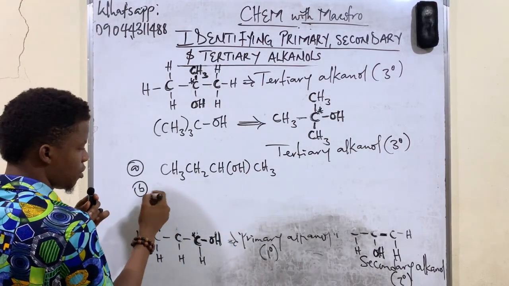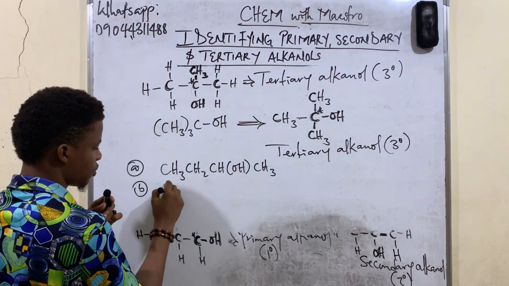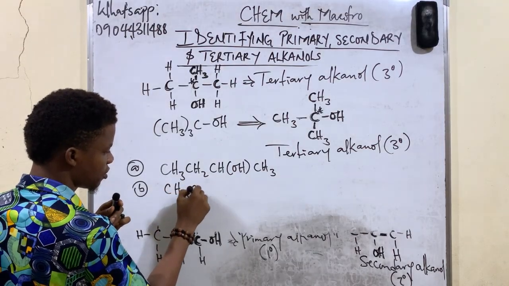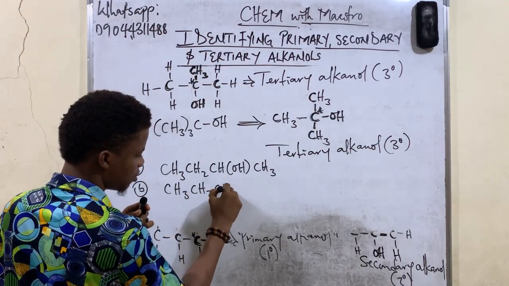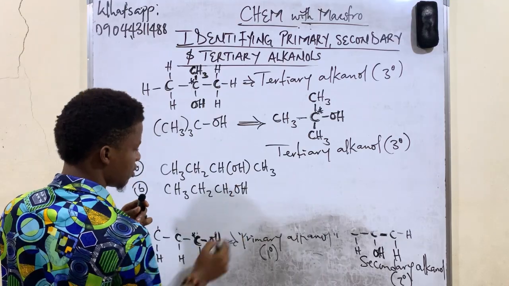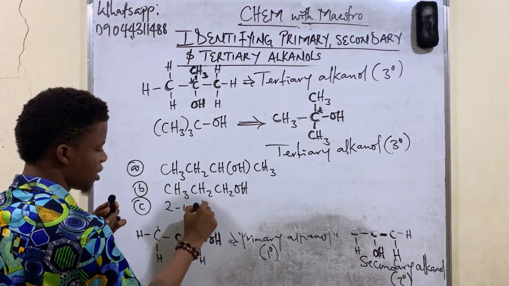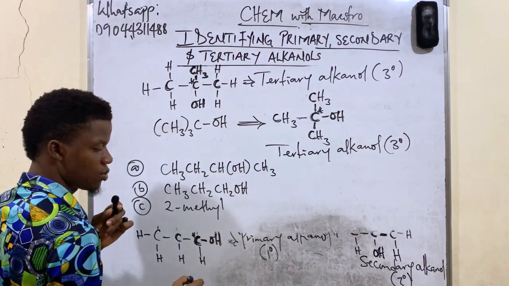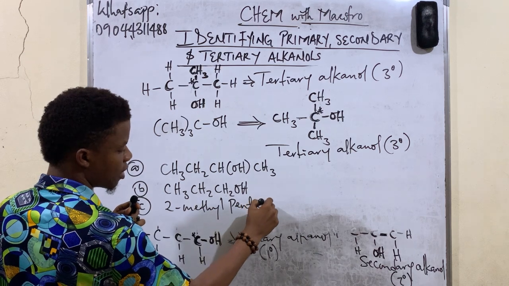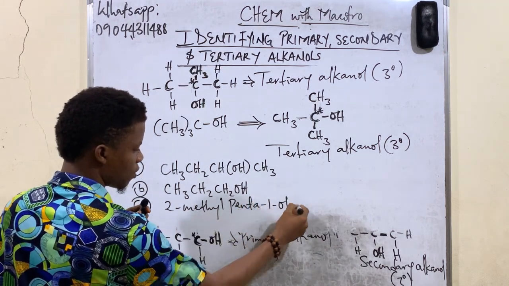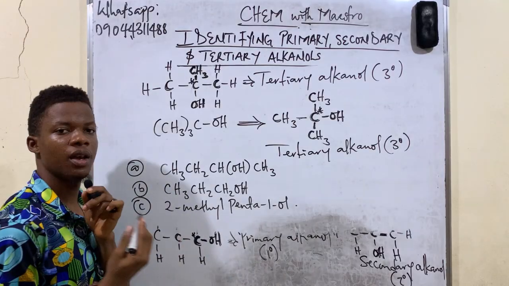And B, we have CH3, CH2, CH2OH. And lastly we have 2-methylpentan-1-ol. So do these three examples.